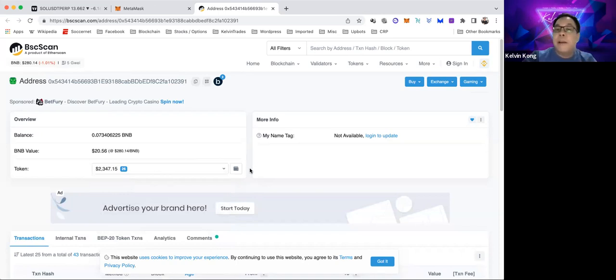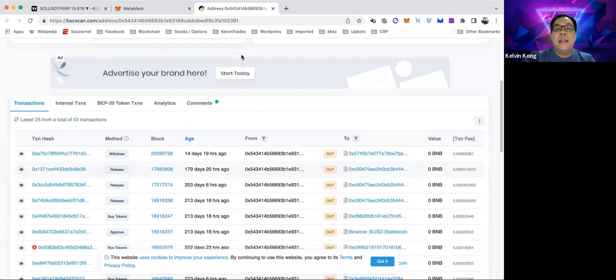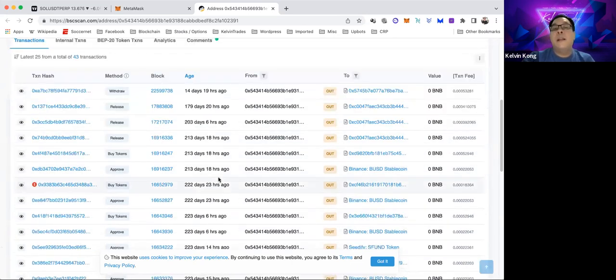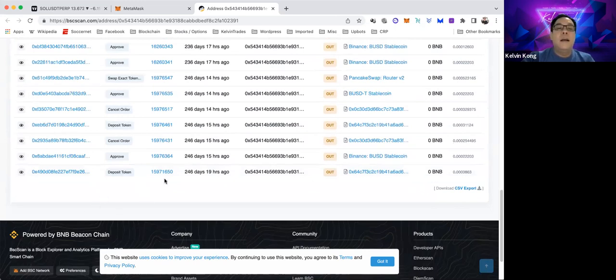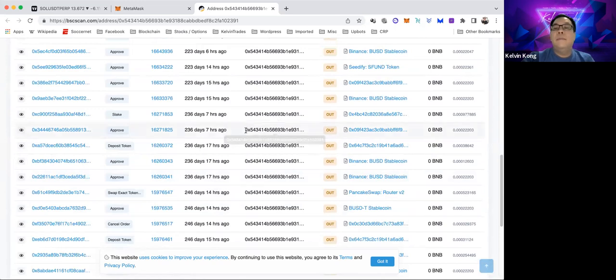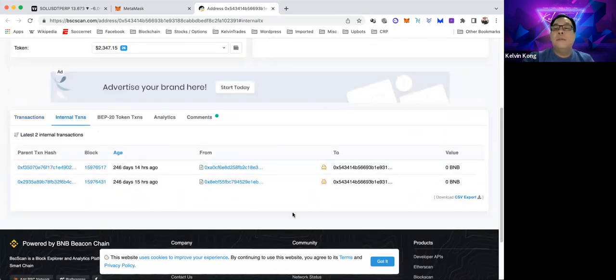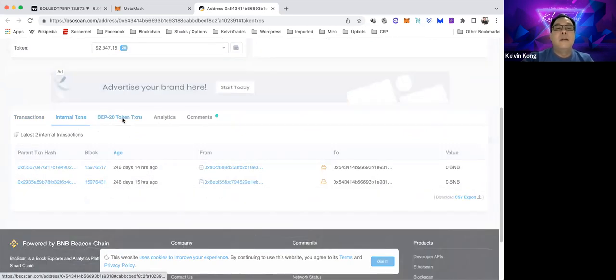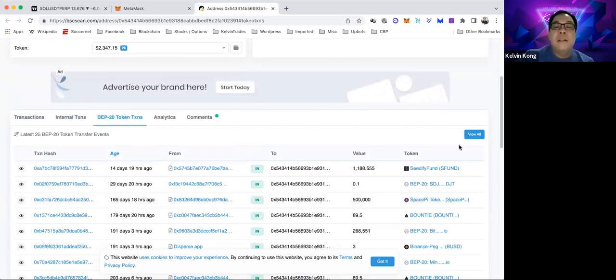Everything is transparent. You can see all the transactions that have taken place in this particular wallet since day one when it was created, almost a year back. Internal transactions, whatever. Don't ask me what all these numbers are. I don't know the details.